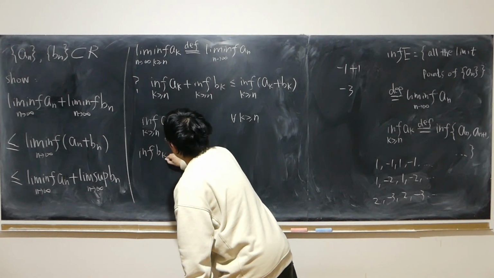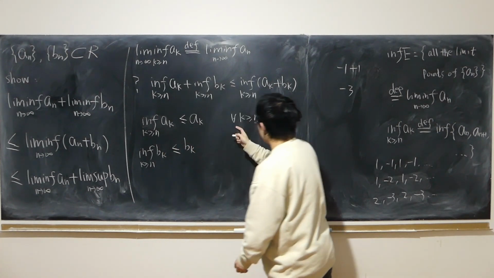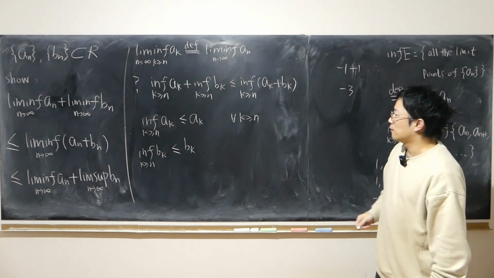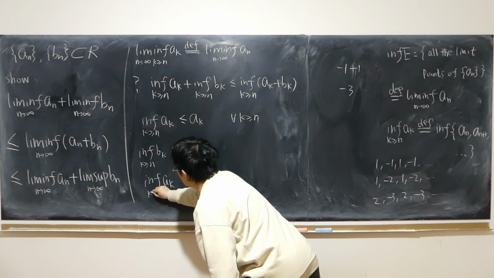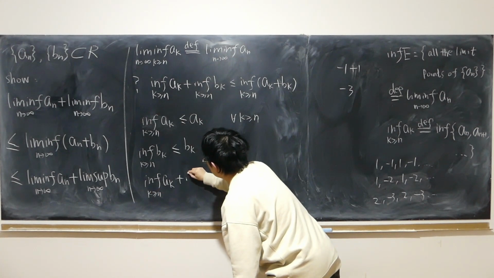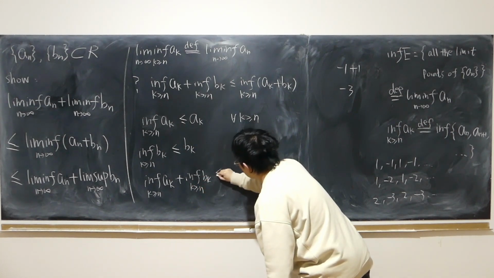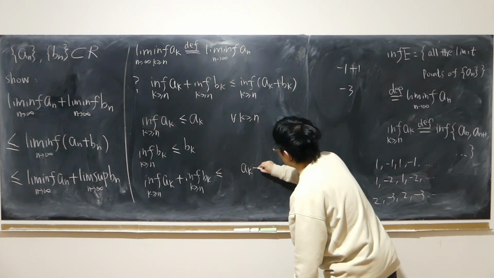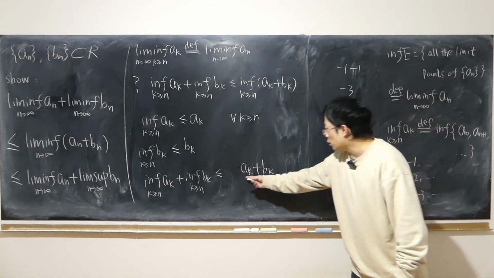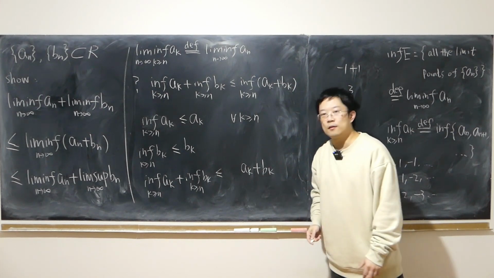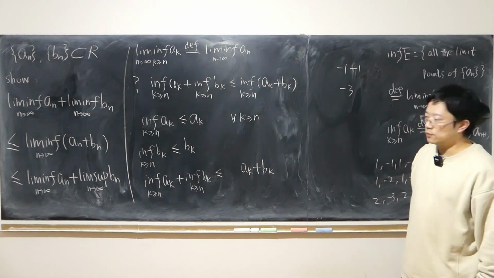Of course, the infimum of bk is less than or equal to bk for any k greater than or equal to n. Add them up: infimum of ak plus infimum of bk is less than or equal to ak plus bk. Just treat it as a whole entity, ck for example. For any k bigger than or equal to n, this inequality holds.